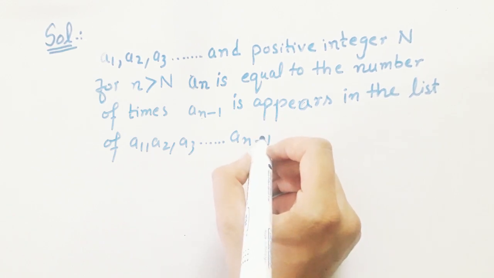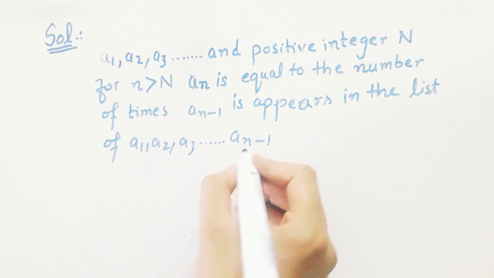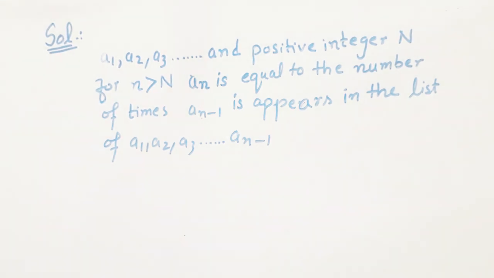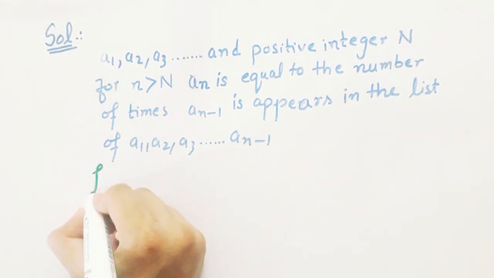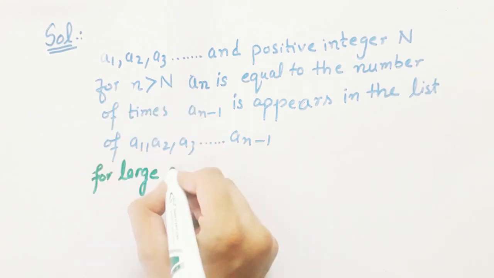After this, we will check the behavior of an for large values of n.